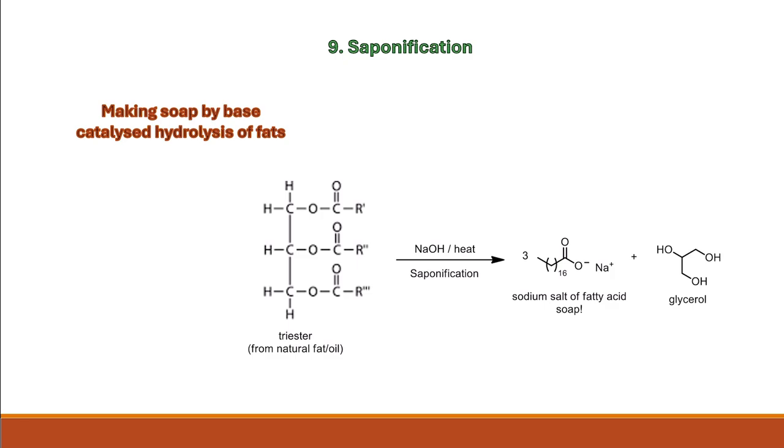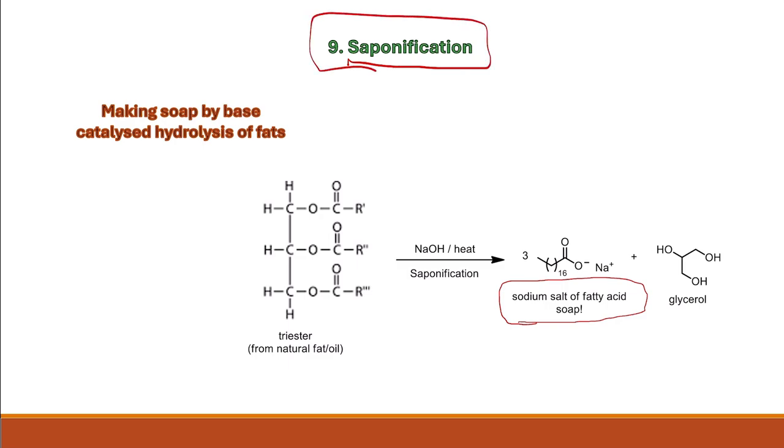This is base catalyzed, so it's going to make the sodium salt of the carboxylic acid. But the acid here is a long chain fatty acid. So the sodium salt of the fatty acid is the soap that we use. This is why this reaction is called saponification, and it's used to make soap. We have the glycerol. This is the alcohol that is generated from this hydrolysis or saponification.